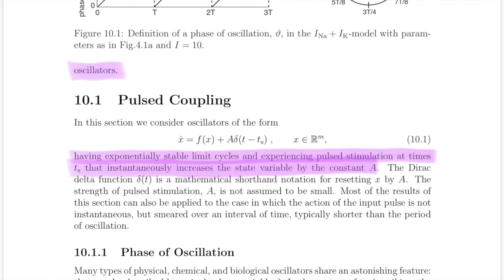There are several forms of couplings. For instance, one of them is pulsed coupling, like weak coupling and so on. But in this chapter, we just want to have a general idea, and if somebody is interested, then he or she can dig into it more and more. So in this pulse coupling, we have this formulation: x dot equals f of x plus a delta of t minus ts.